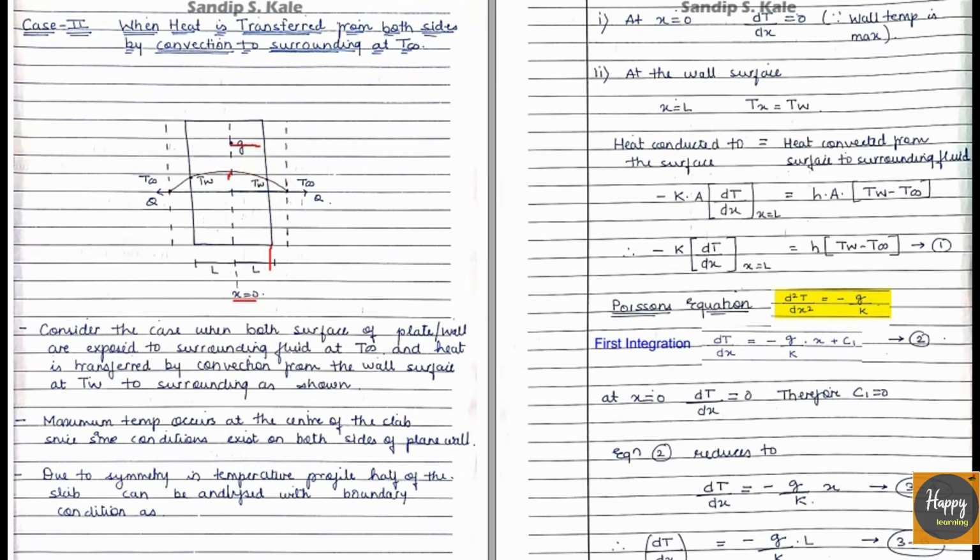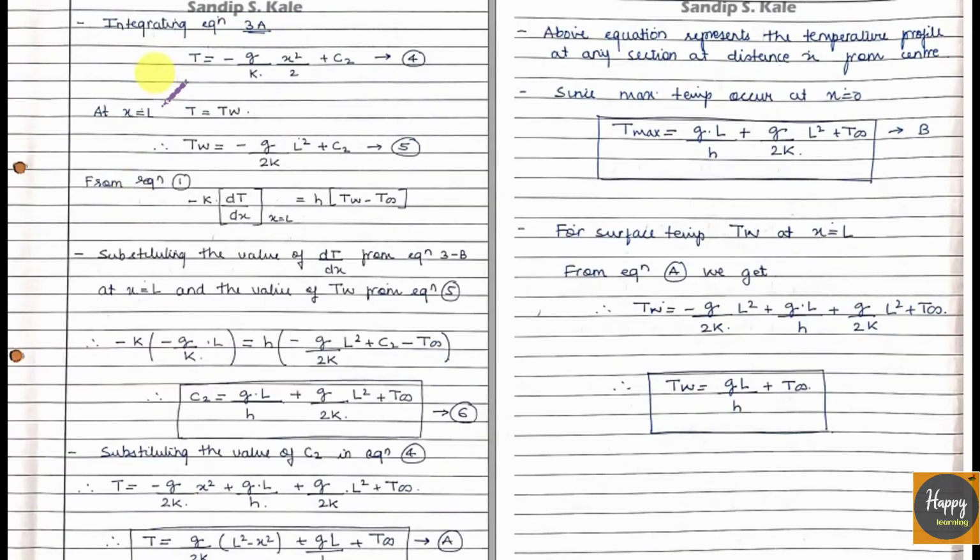So we put T = TW by applying the boundary condition at x = L. So I will write TW over here, that is equal to -g/(2k) into L². Instead of x, I will write L, plus C2, right?